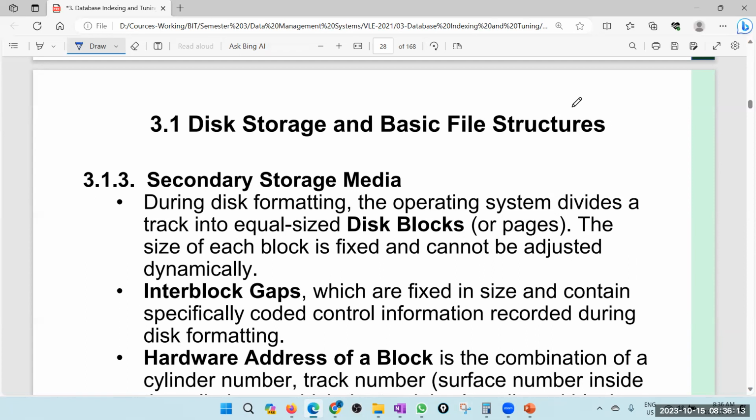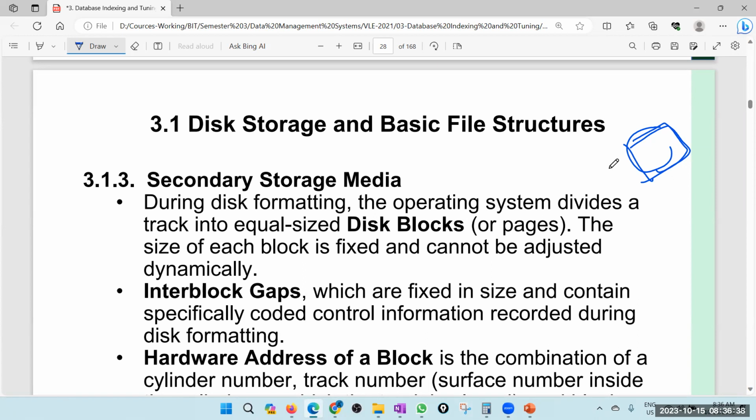When it comes to the operating system, the smallest amount of data that it can access from the disk is called a block, a block of data. Most of the time that block of data is the same as a sector size. Sometimes it can be a few sectors or part of a sector.